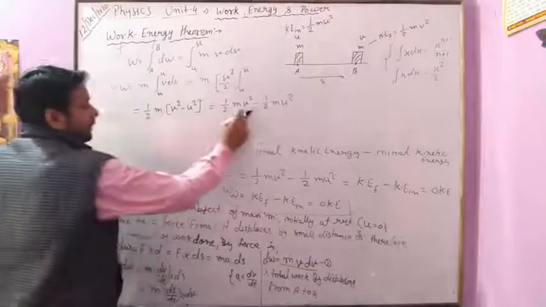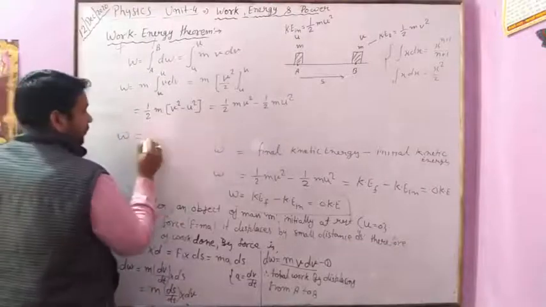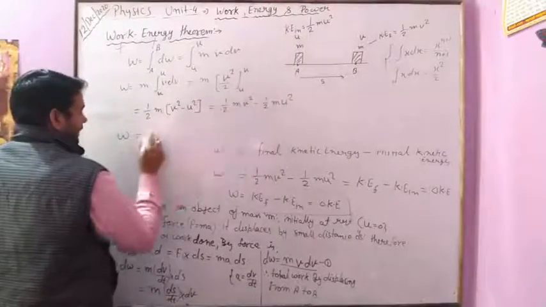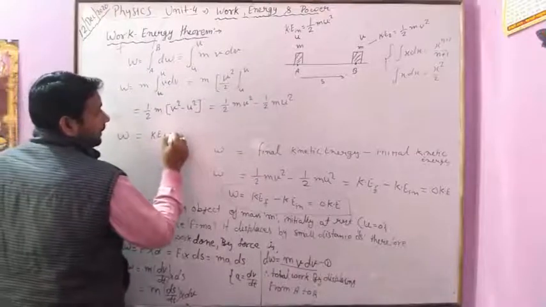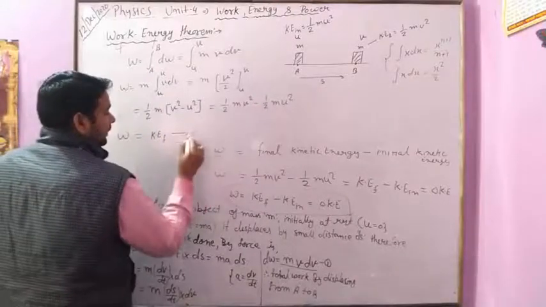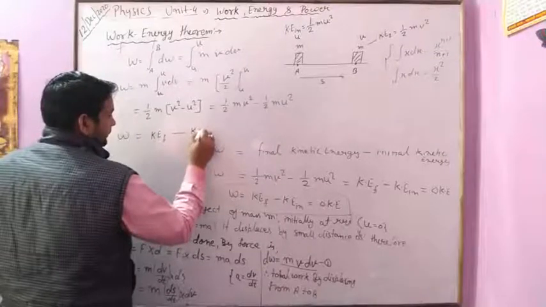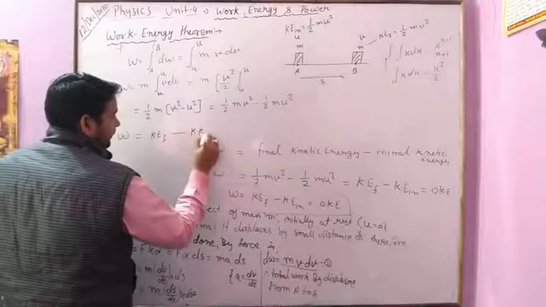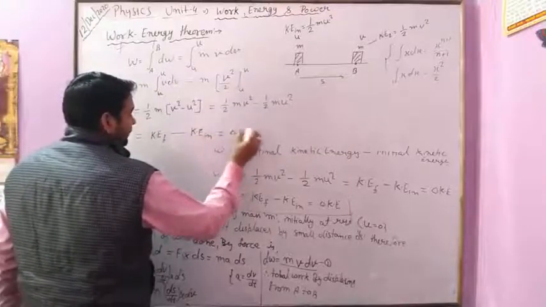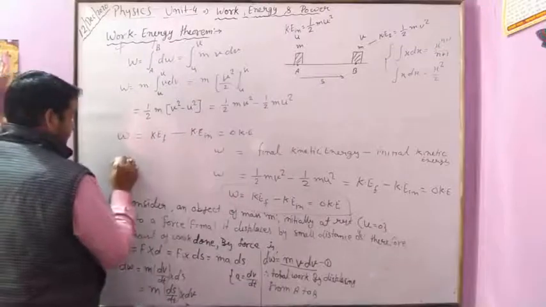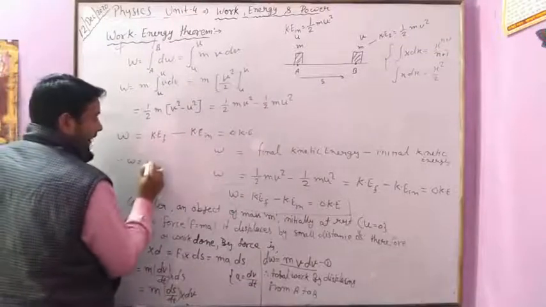Here student, this is that work done is equal to final kinetic energy, and after subtraction is initial kinetic energy. So it is equal to del K E, and this is how we prove work energy theorem.